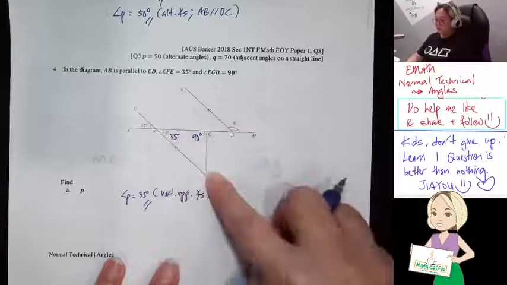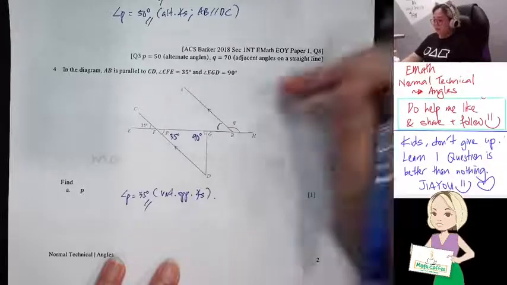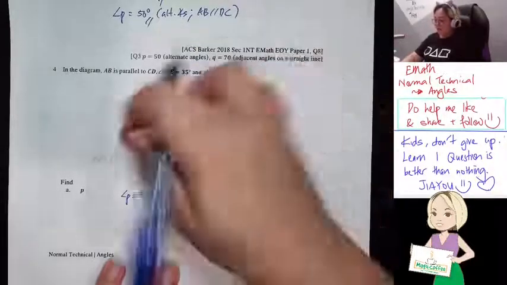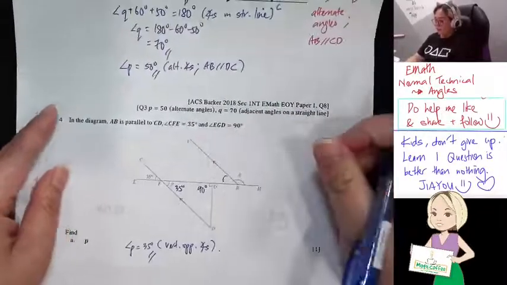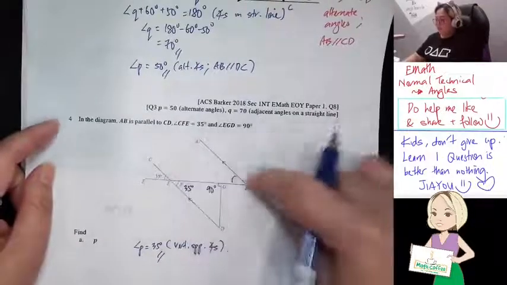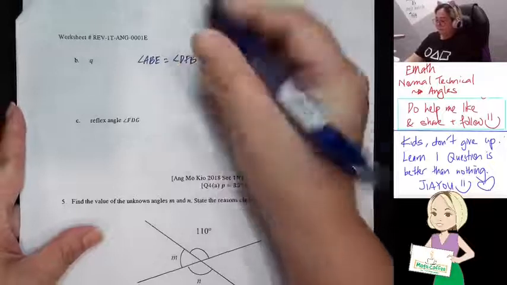So this is how you present. Angle ABE is equals to angle DFB. Why?